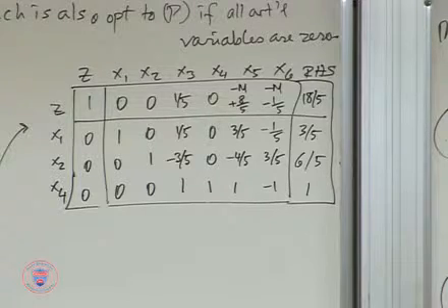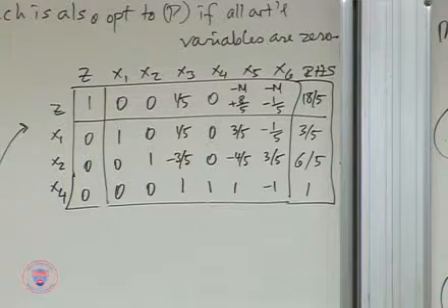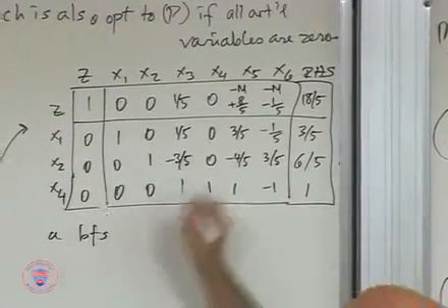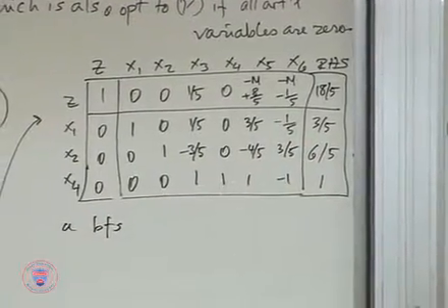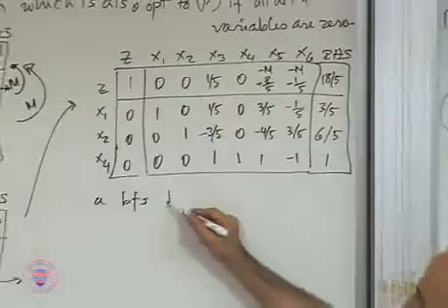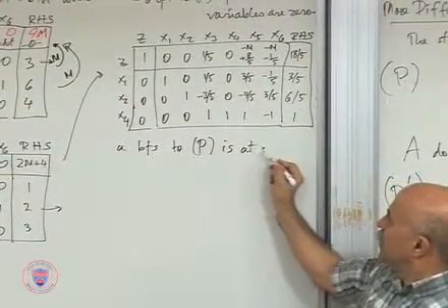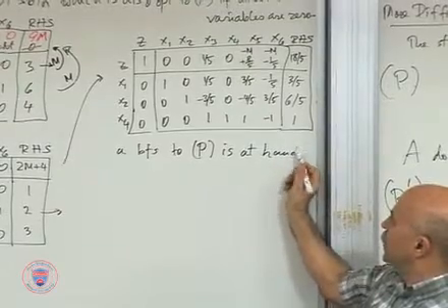Okay, so you've got this solution. Now, both artificial variables are non-basic, they are 0, so a basic feasible solution to P is now at hand.